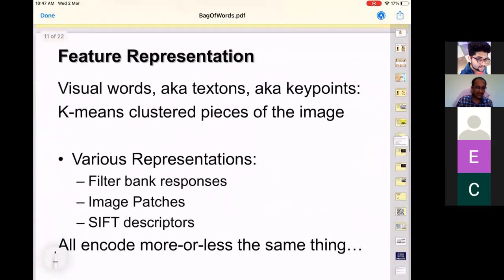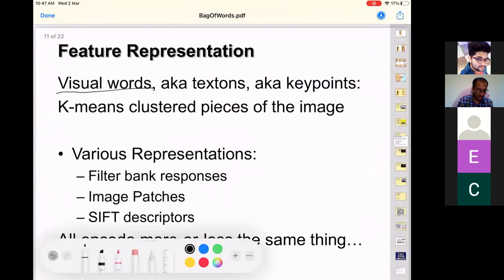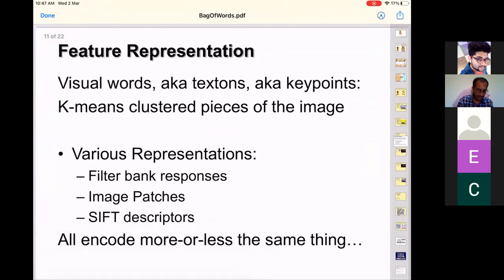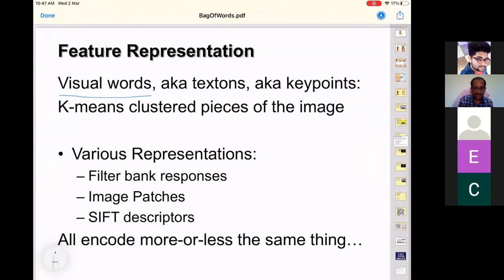Whatever it may be, we finally get the representations in terms of visual words. These are also referred to as key points. Anyway, at key points we are getting visual words and textons.